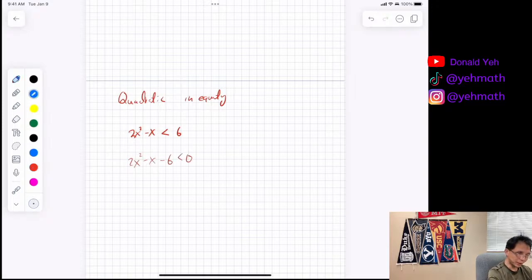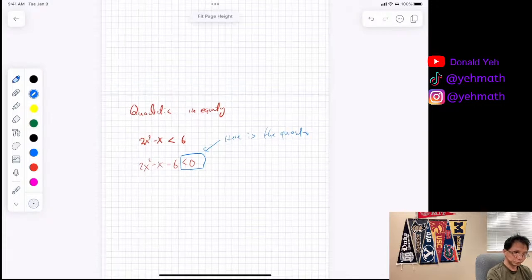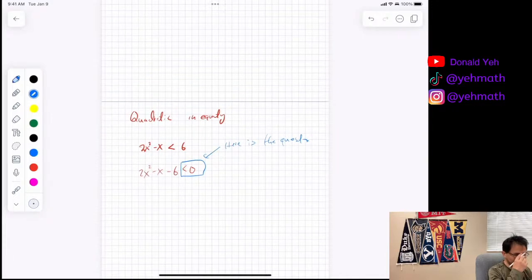Here's the question. You're going to do something called a number line test. A number line test is something very, very important that you have to get through. How do you know you have to do a number line test?